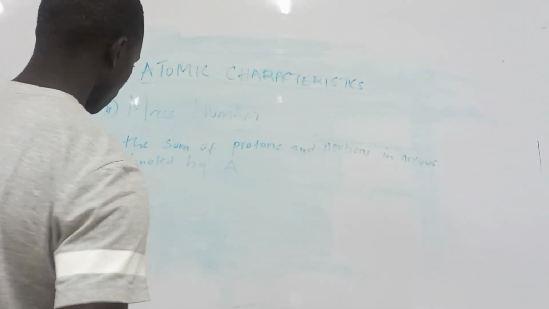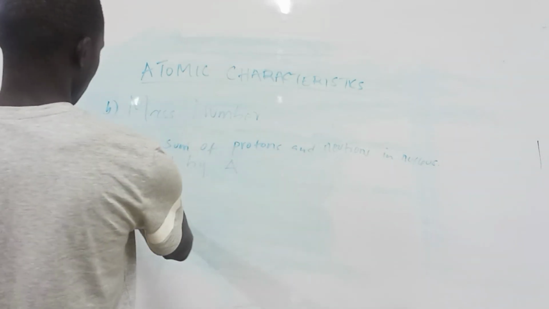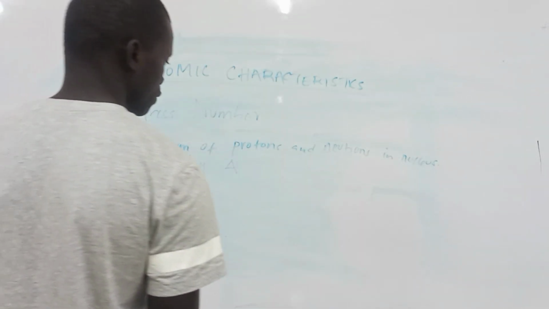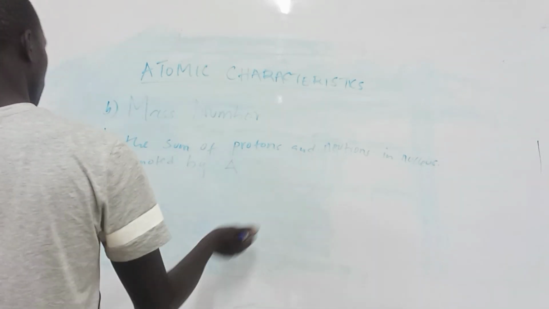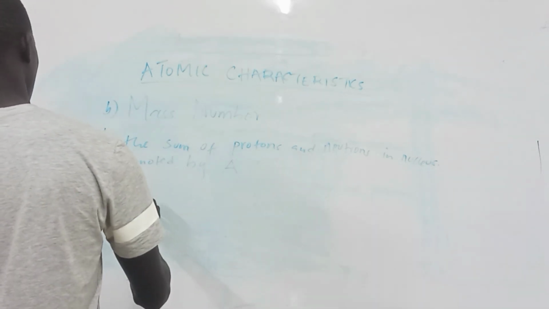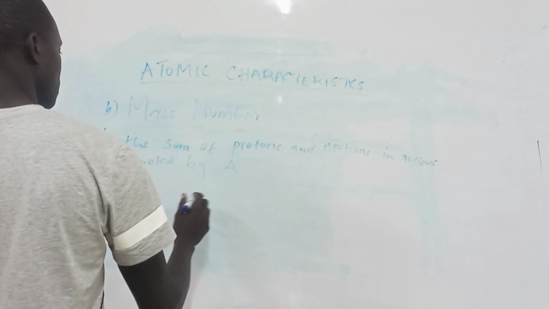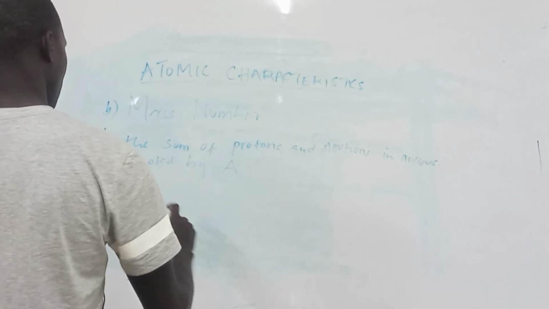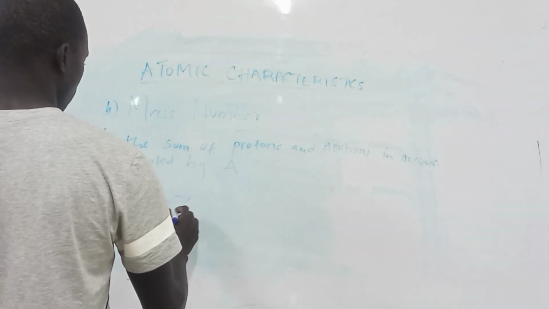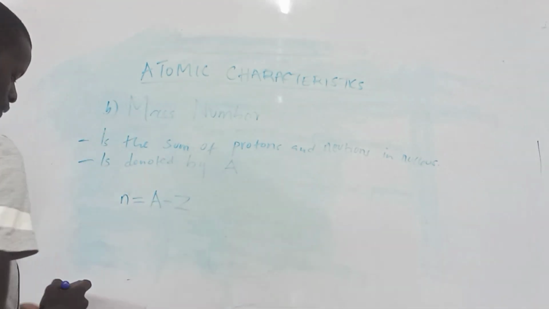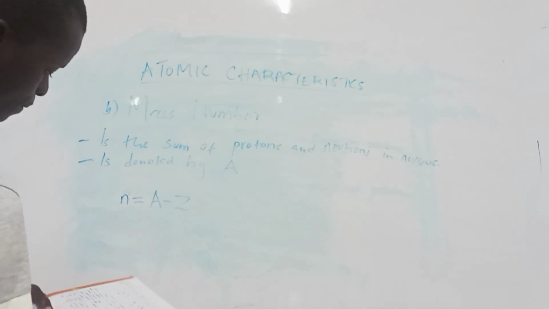Now, we say that the mass number is the summation of protons and neutrons in the nucleus, denoted by A. When you want to get the number of neutrons, we just subtract the atomic number from the mass number, and we'll have the number of neutrons.